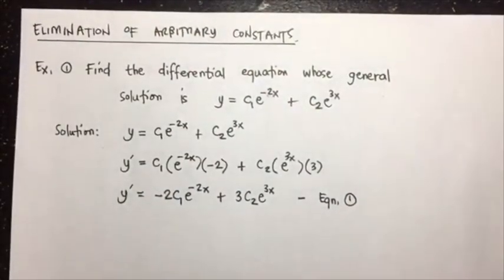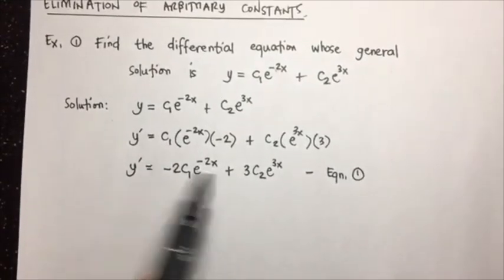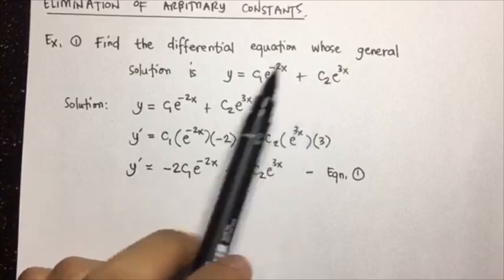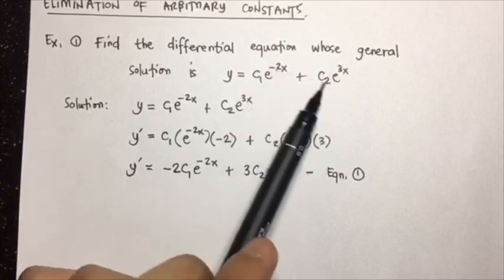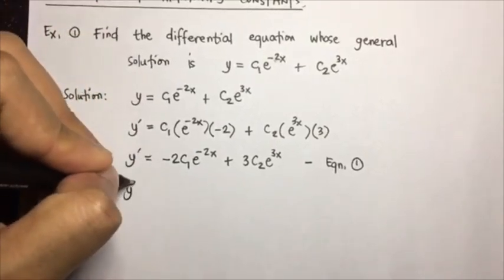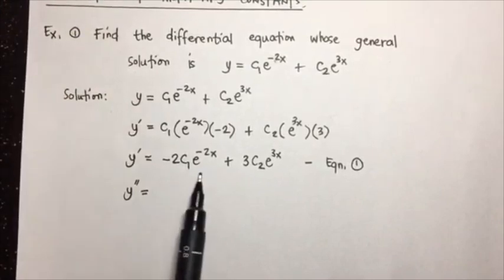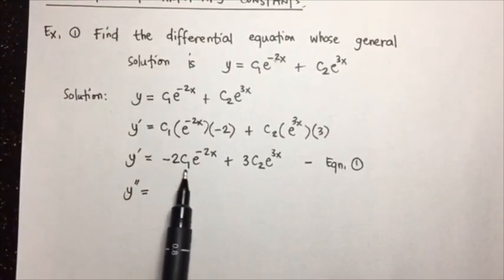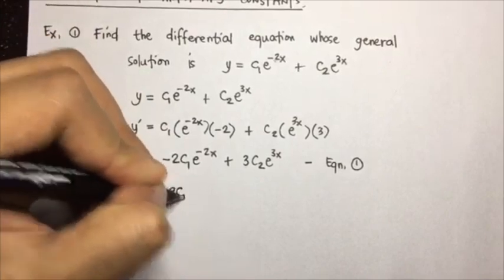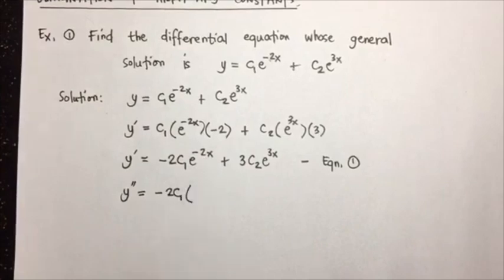Next is to get the second derivative. Again, we need to derive this twice because we have two arbitrary constants. For the second derivative, deriving this again, negative 2 C1 is a constant coefficient, so write that and then multiply by the derivative of e raised to the negative 2x.